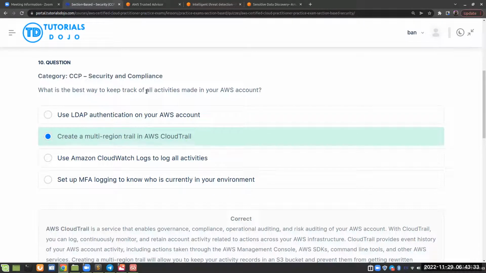But it does not track all activities. GuardDuty is always doing threat detection in your AWS accounts and workloads.